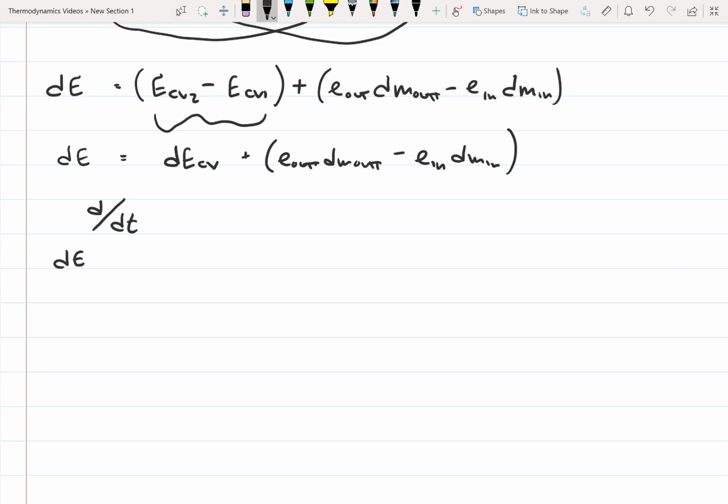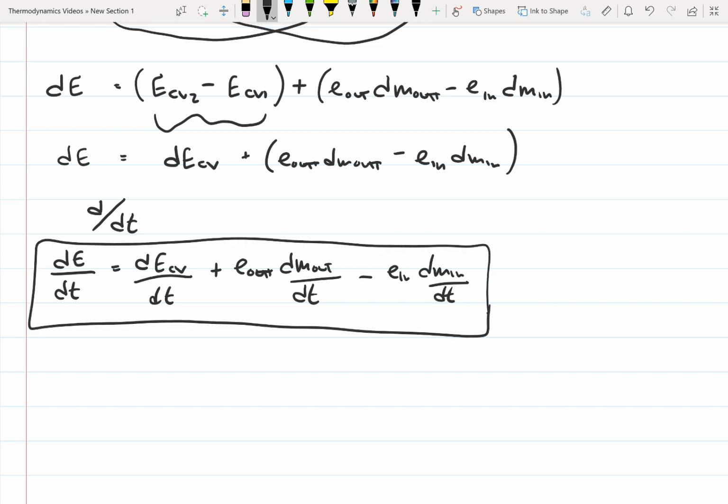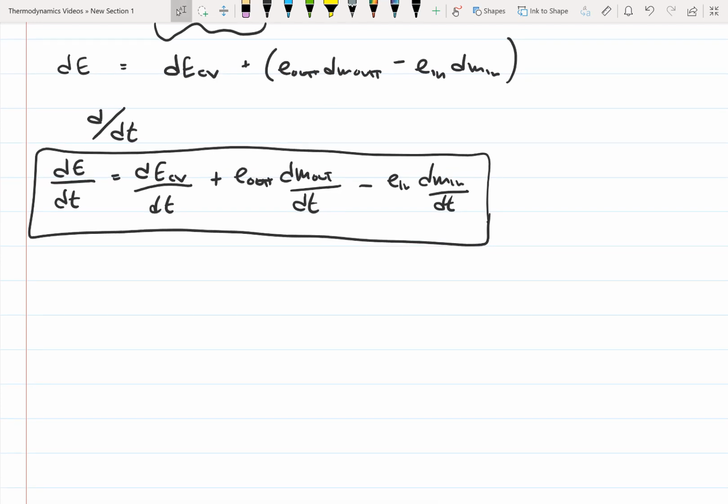So we have dE/dt is equal to dE_CV/dt plus the energy out multiplied by dm_out/dt minus the energy in multiplied by dm_in/dt. We want to save this equation for a minute because we're going to use it shortly. This is the energy associated with the mass that's flowing into or out of the control volume.